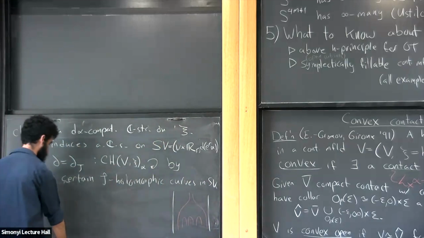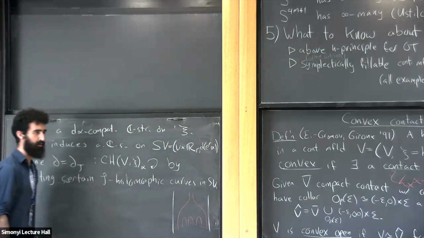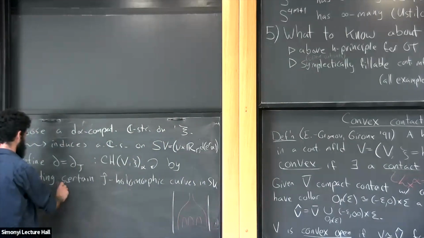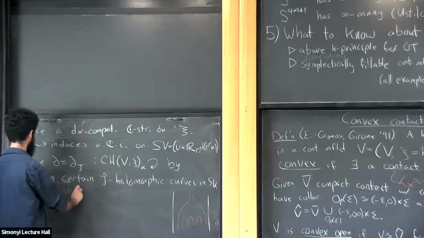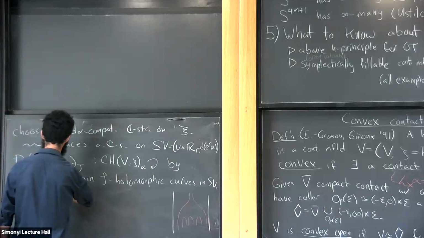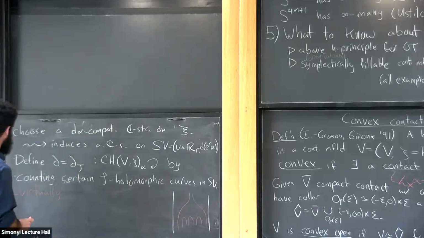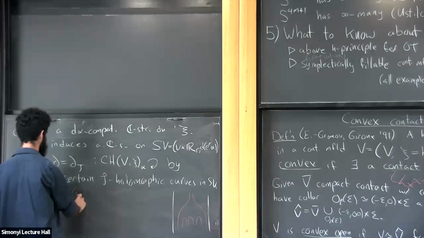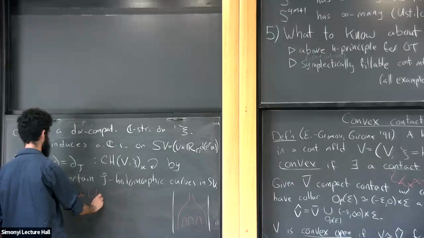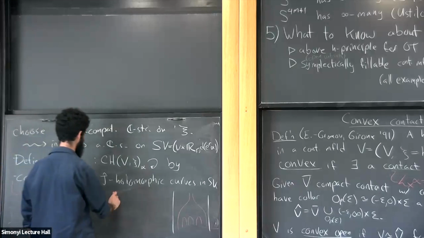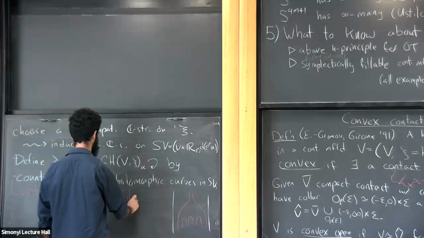An important caveat is that we have to do the counting virtually, because of the well-known transversality issues with contact homology. And so we follow the construction of John Pardon.